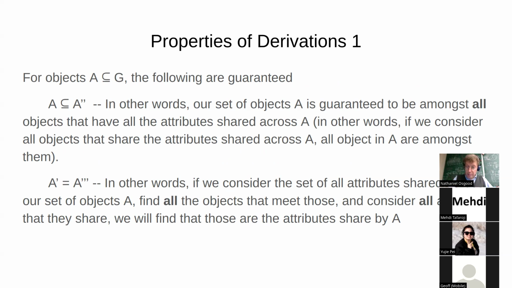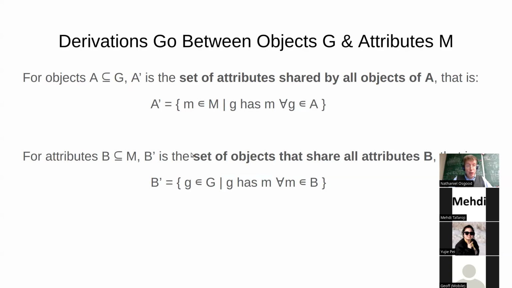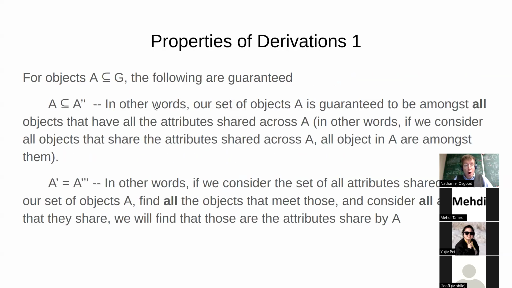The following are guaranteed. If you take a given set of objects A, and you ask for all the attributes shared by each and every one of them, that's A prime. Then one more prime takes those attributes and finds all the objects with them. That has to be at least as big as your original set of objects.